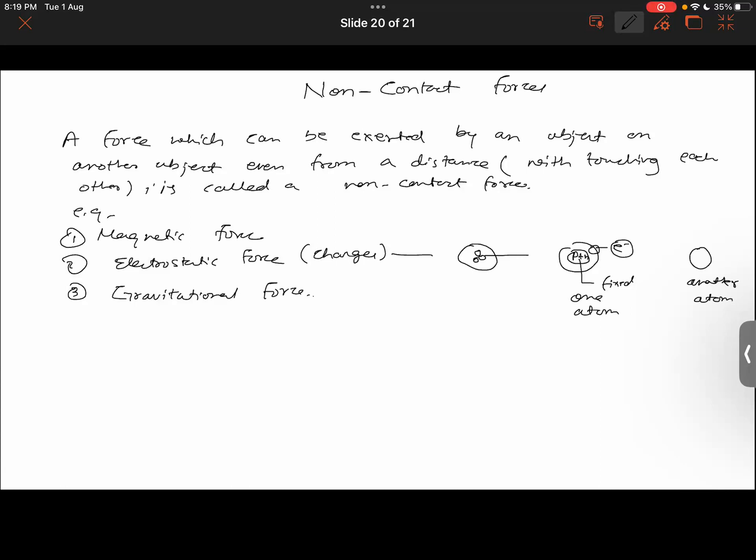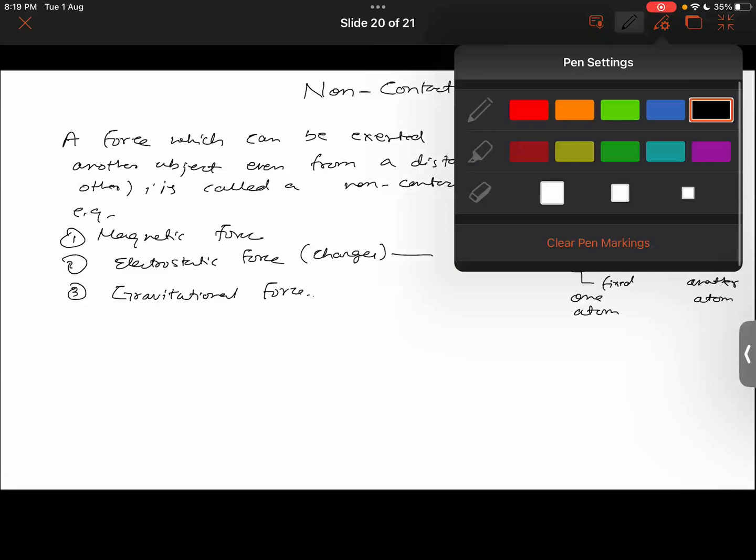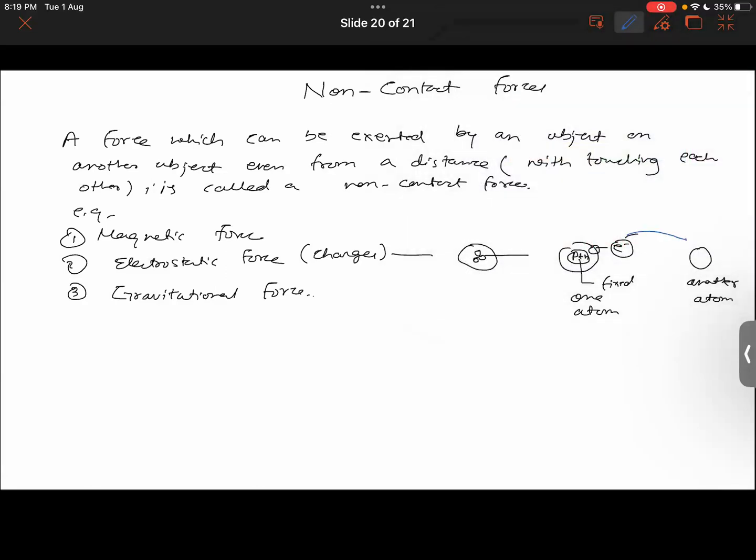So this electron will transfer to the other atom. In this case, transfer of charges takes place from one body to another. Suppose this atom belongs to body A, and this atom belongs to body B. So some amount of electrons transfer from body A to body B. Now if some electrons are transferring from this to this, this will have a deficiency of electrons now.